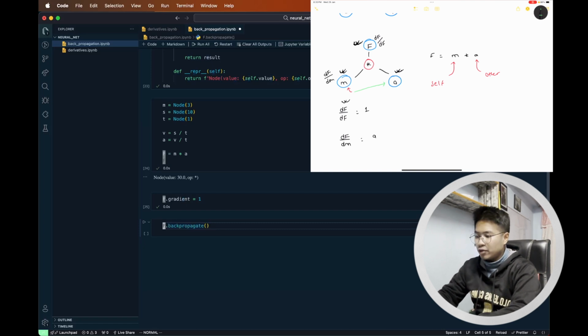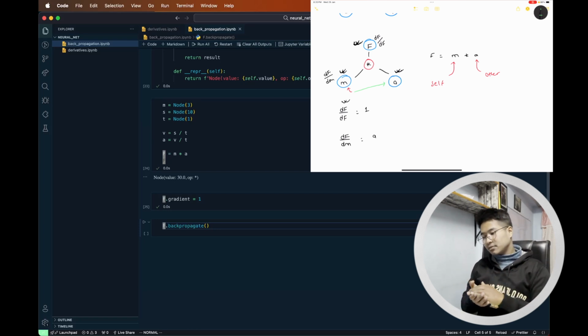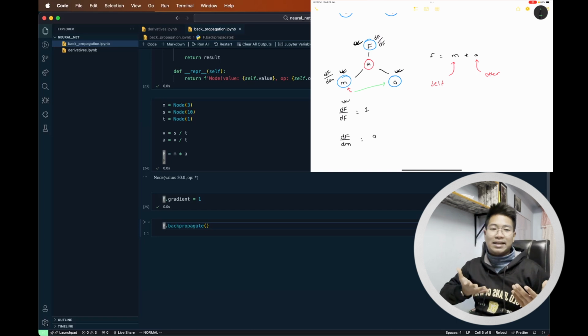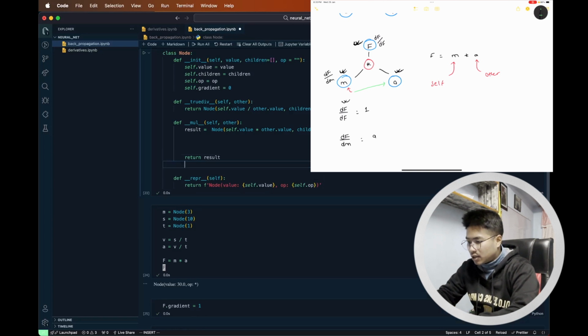When I do f dot back propagate, what I expect is all of the children of f should be back propagated. It should automatically calculate the gradients for the children of f. And if I want to do that, I need a function here.